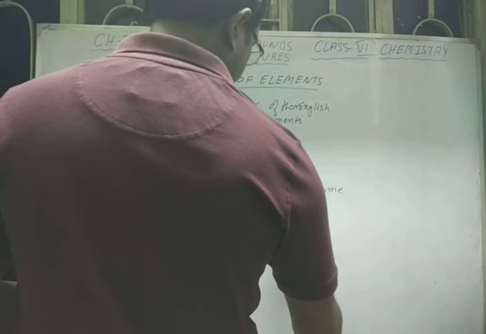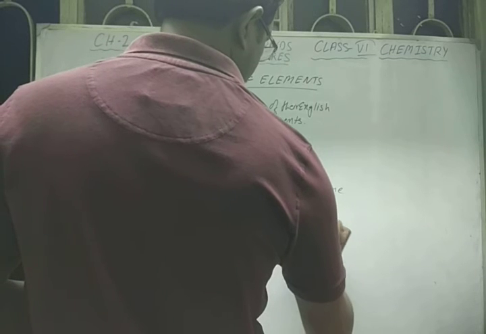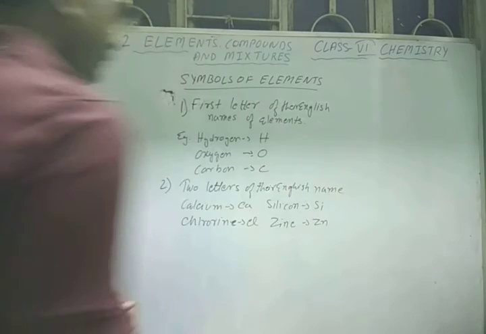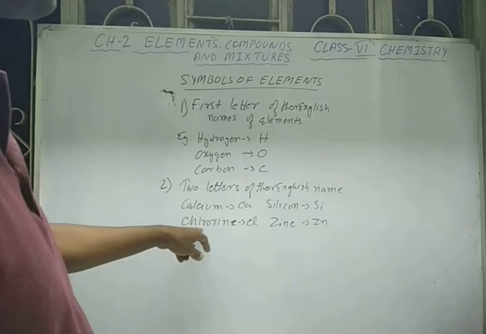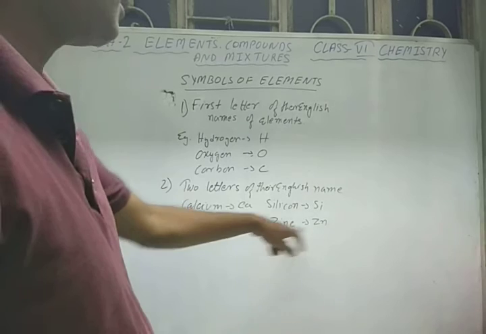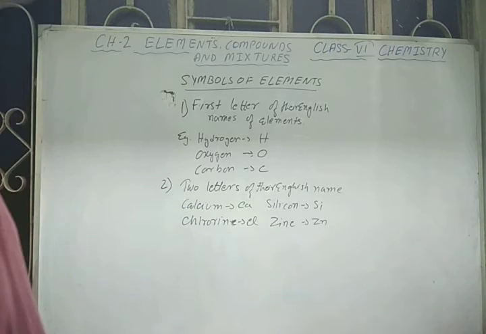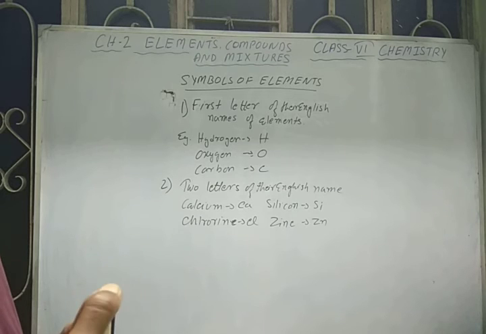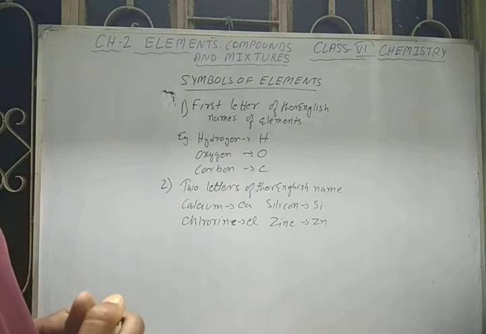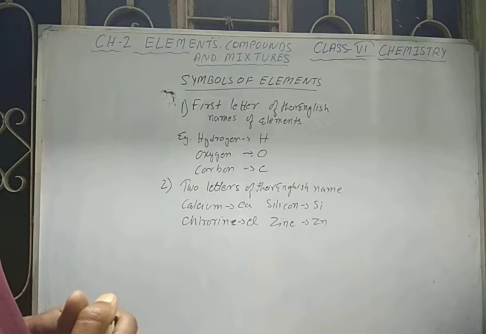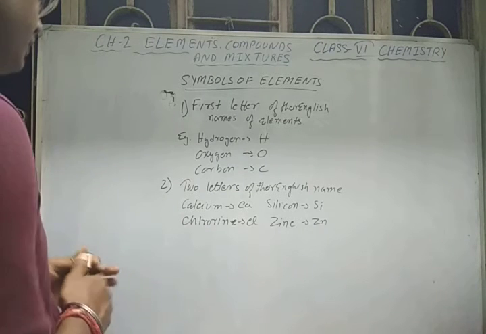Similarly, if I write zinc, it is given Zn. So what we see: calcium first two letters, silicon first two letters, chlorine first and third letter, Zn for zinc first and third letter. In this way, by writing two letters from the English name, we have used the symbol of some of the elements.